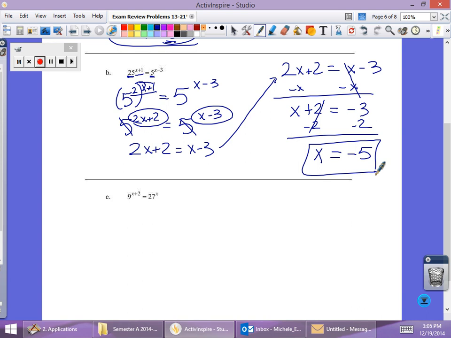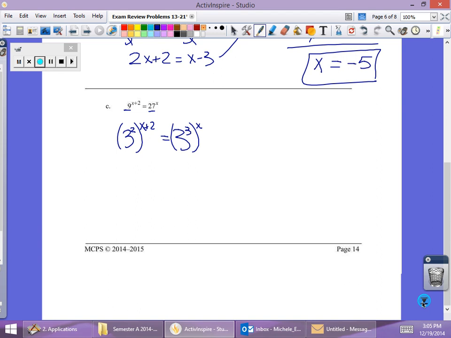All right, problem C. 9 and 27 can both be rewritten as a base of 3. 9 is 3 squared, and I still have x plus 2. 27 is 3 to the third power, and I still have the exponent of x. If I multiply these exponents here, I get 3 to the 2x plus 4.